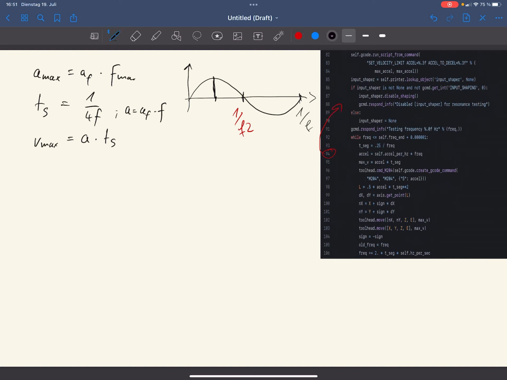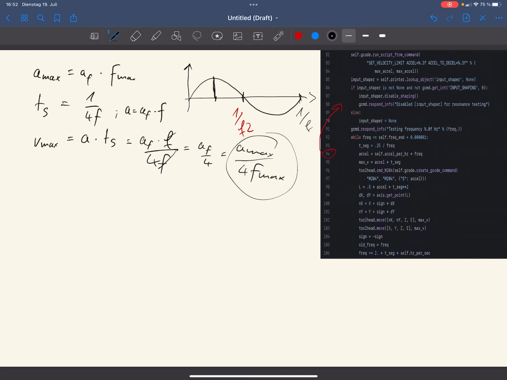And we can show that easily because A is AF times F divided by 4F times TS, and that's AF fourth, and AF is, we can see that here, AF is A max divided by F max. So it's just the maximum acceleration divided by 4 times the maximum frequency. So that's how you should calculate it.